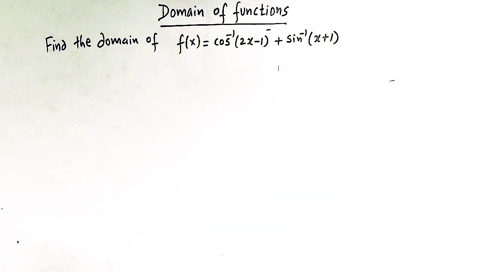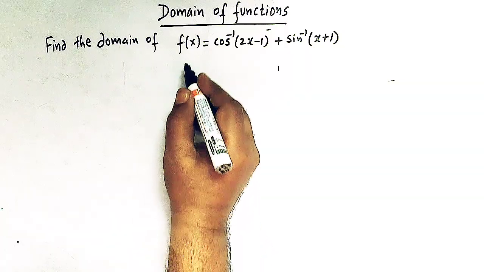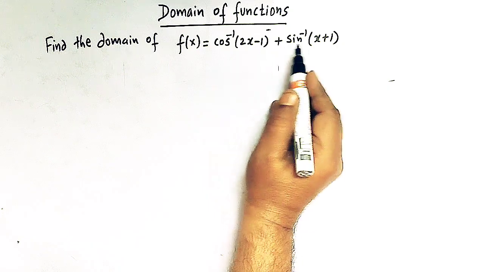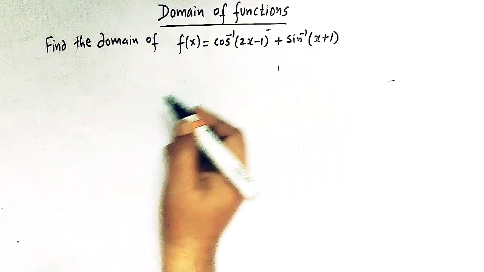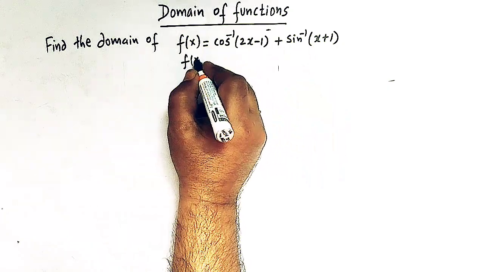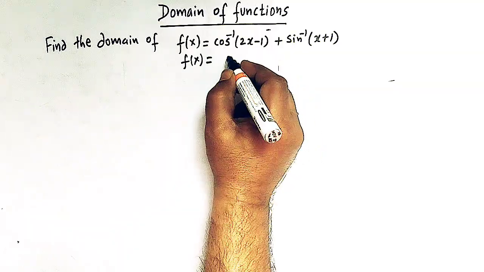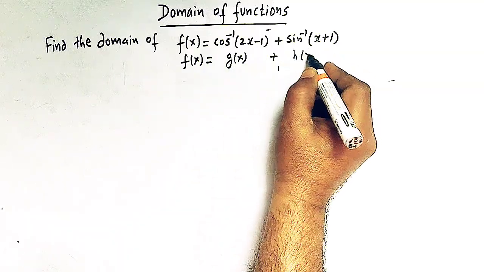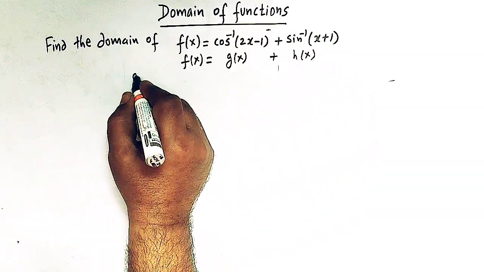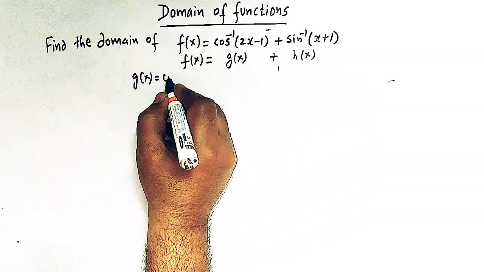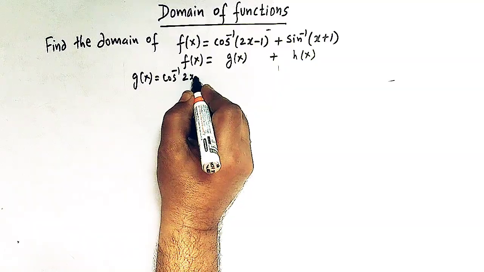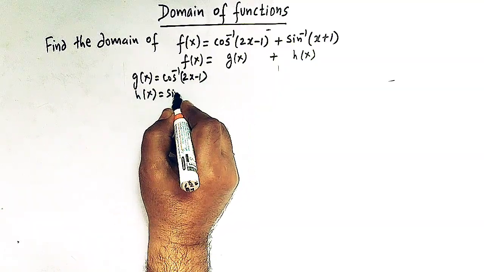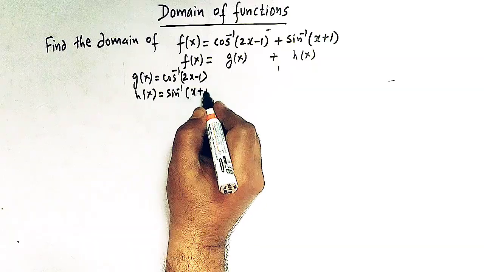So here we see that our function f of x is the sum of two inverse trigonometric functions, right? So let us assume this function as g of x and this function as h of x. So g of x is cos inverse of (2x minus 1) and h of x is sine inverse of (x plus 1), right?